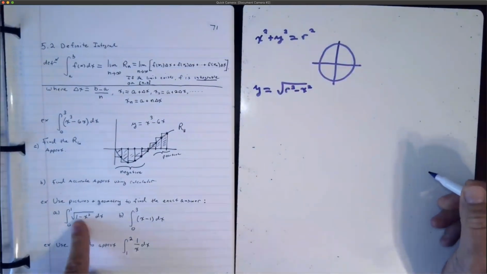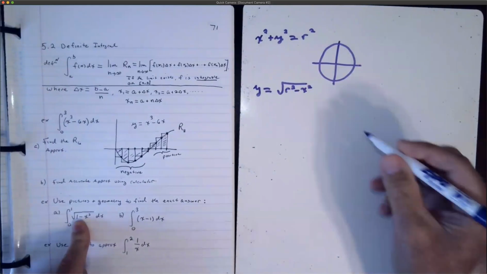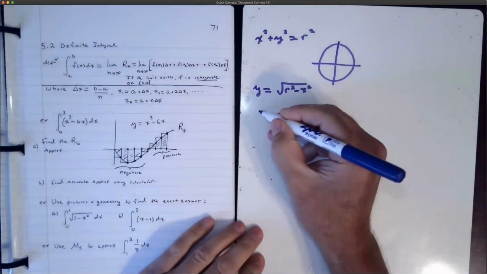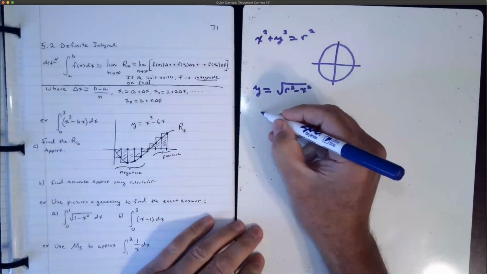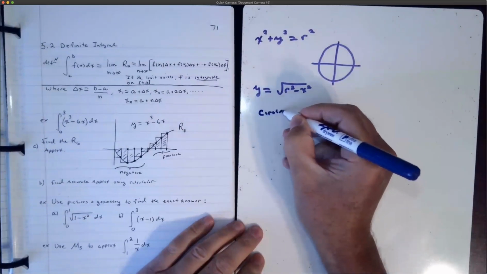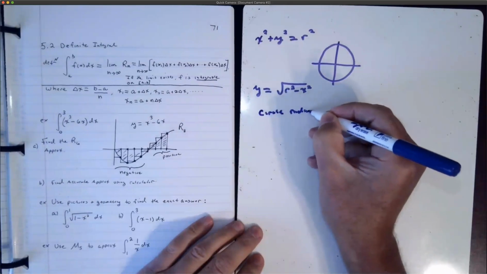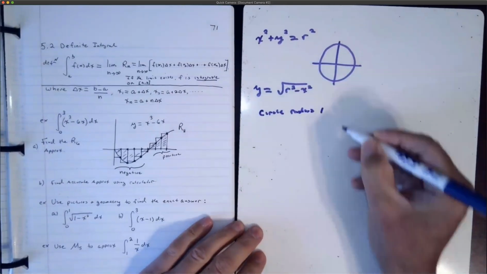Well, 1 equals r would fit exactly. So for our example, we have a circle of radius 1. All right, so let's draw the picture.